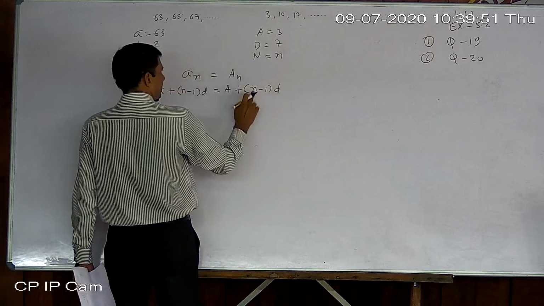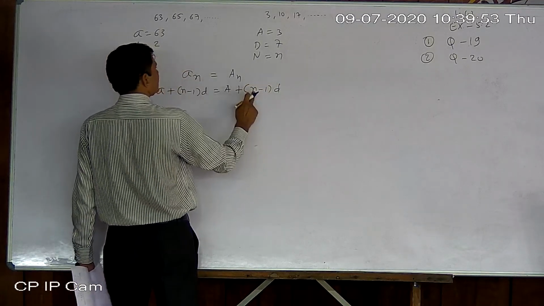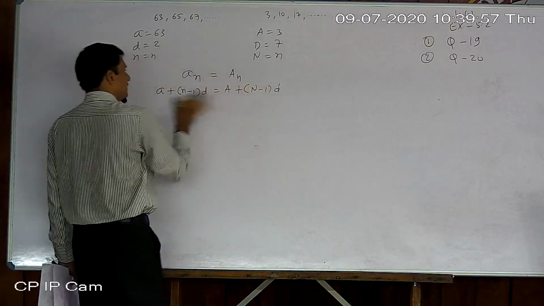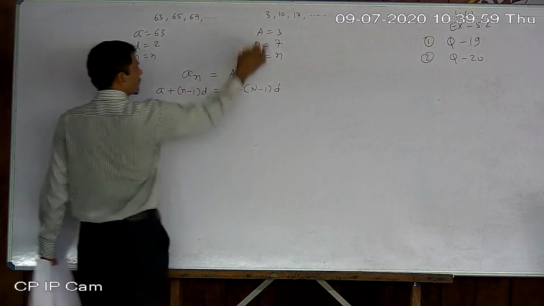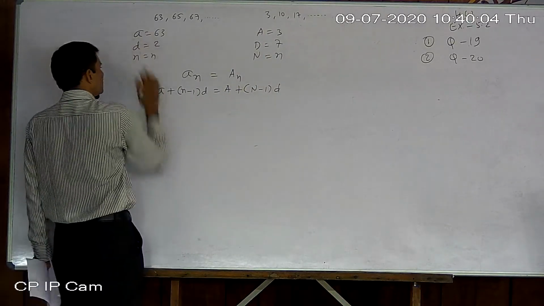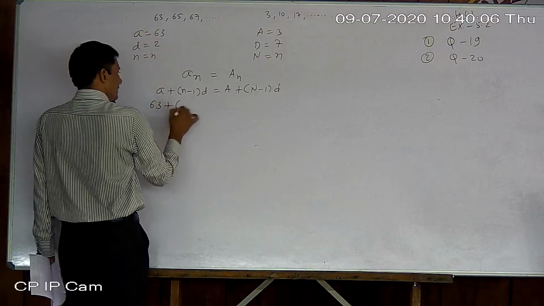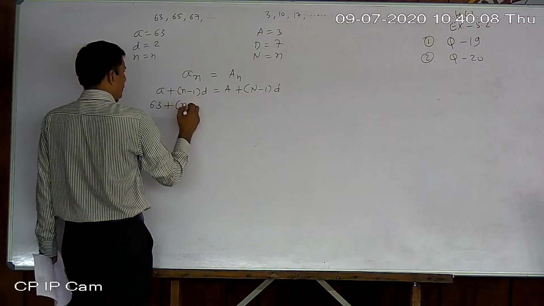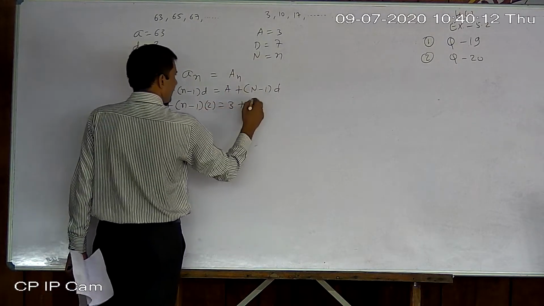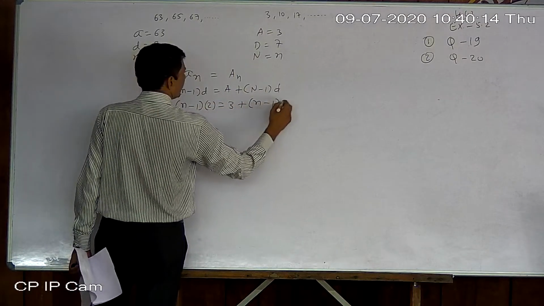I have not used capital N here, but directly place the value. Otherwise you can write the formula first, then the values. I just wrote according to symbol. Everywhere capital, here everywhere small. Now place all values: 63, n only, d is 2. Then 3, n will be n only, and d is 7.